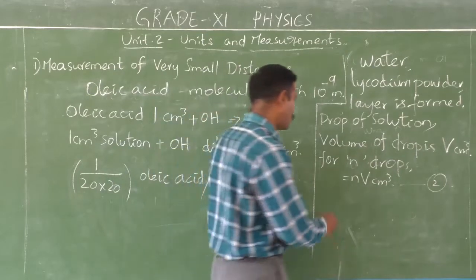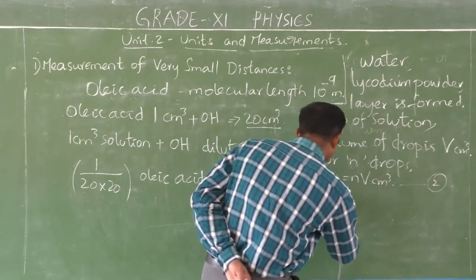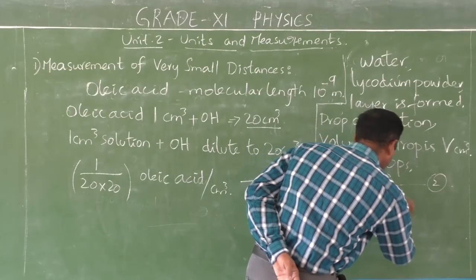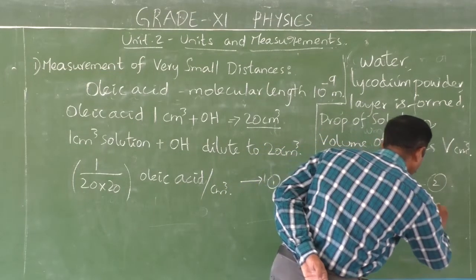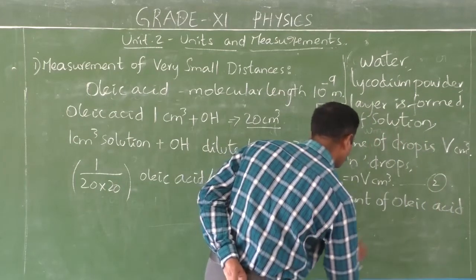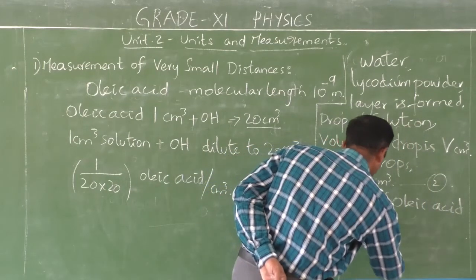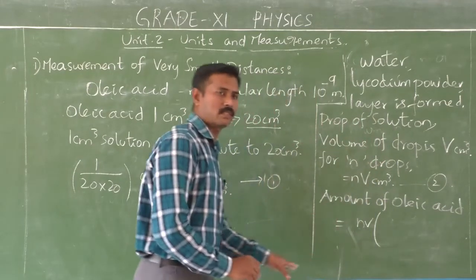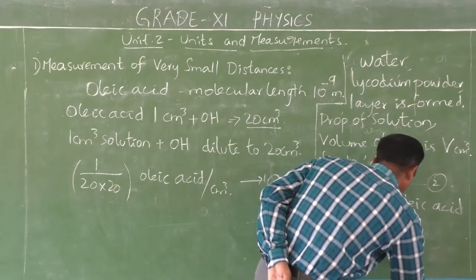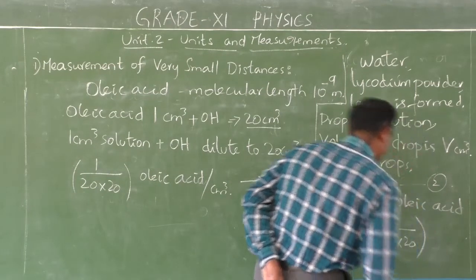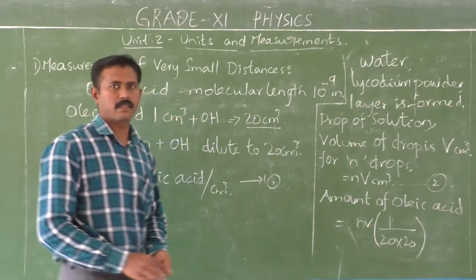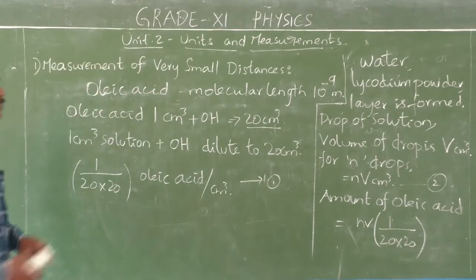So the amount of oleic acid is nV times the concentration.